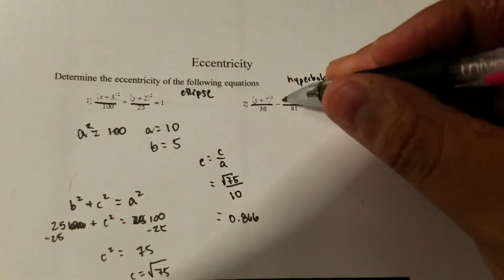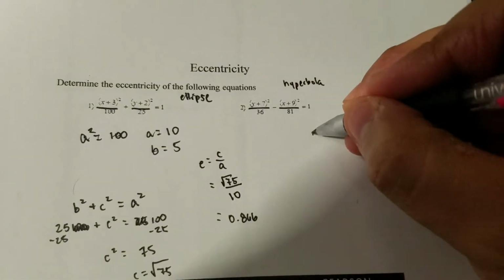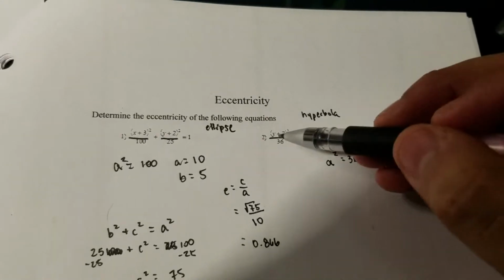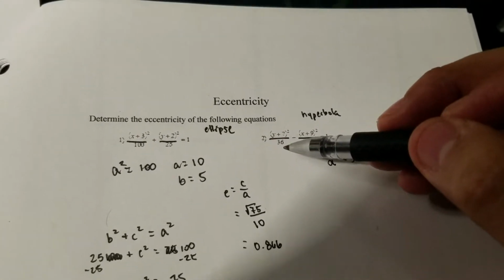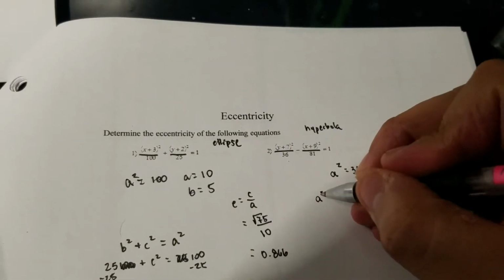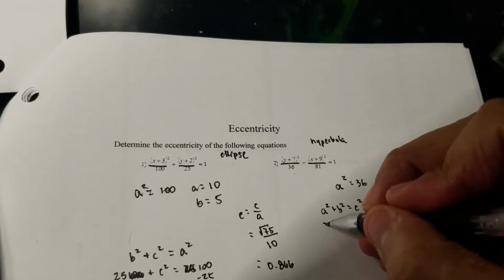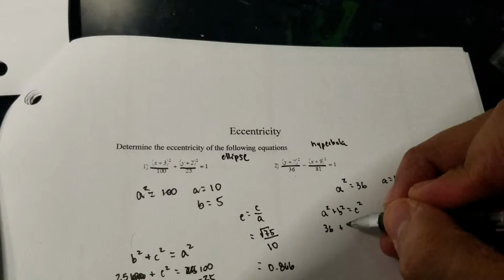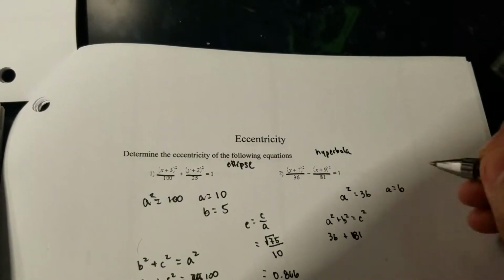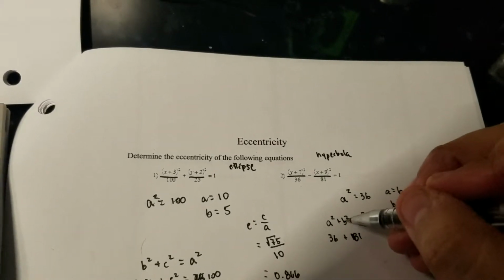Now I do know it's a hyperbola. Again, I see the negative sign. And my A value here is 6, right? Because this is the positive one. So this is my major value. And I can find the C value using this relationship for the hyperbola. Remember, the B is equal to 9, and in this I need 9 squared, so it's 81.